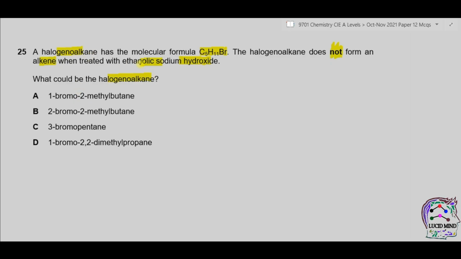When a halogenoalkane is treated with ethanolic sodium hydroxide, what happens is that hydrogen bromide is removed in the form of H2O and sodium bromide, and also an alkene is formed. Let's see which one does not form an alkene or this product.